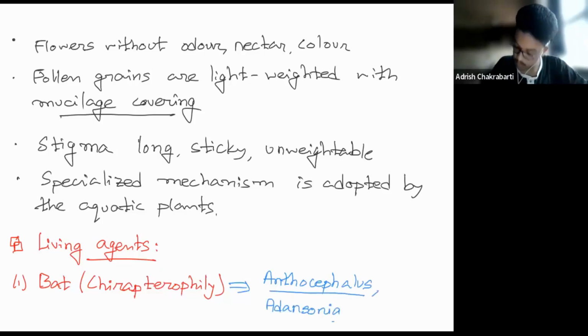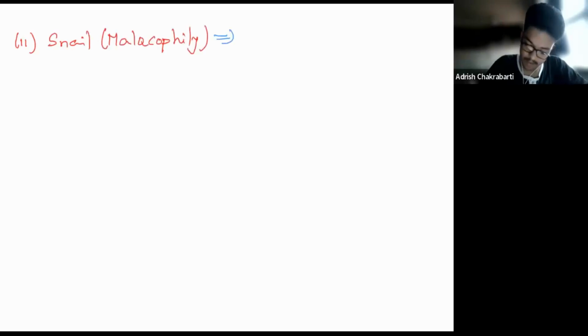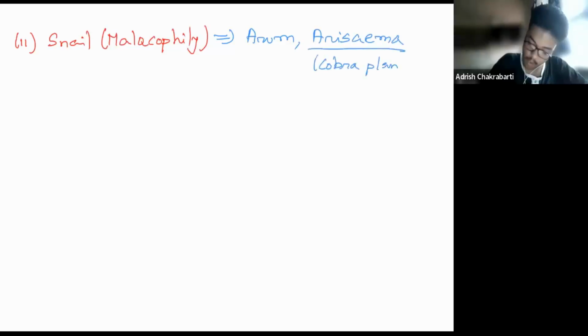This is pollinated by bat. Next we have pollination by snail, that is malacophily. Examples, they're pretty easy: Arum and Amorphophallus. This is also known as cobra plant.